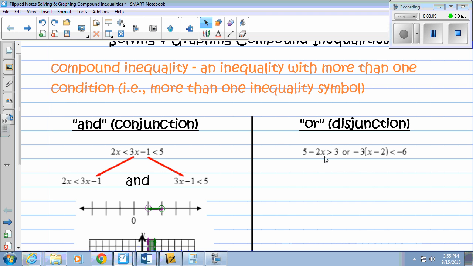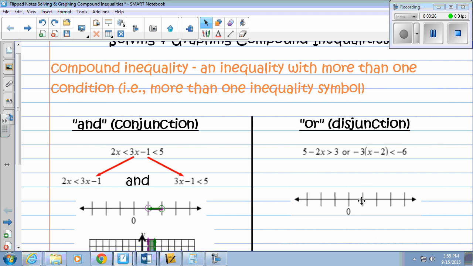It means that the answer for x, whatever x is, can fulfill what is here or what's here. So as long as it works for one or the other, it's a solution. Whereas with an and, it had to work here and here at the same time.